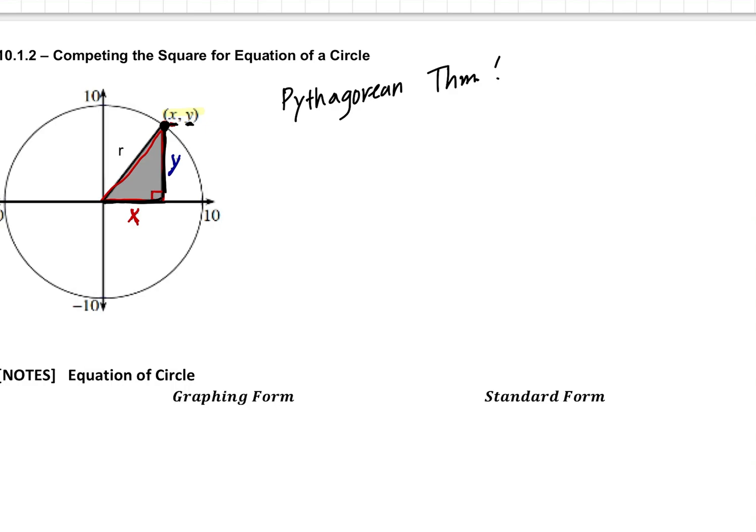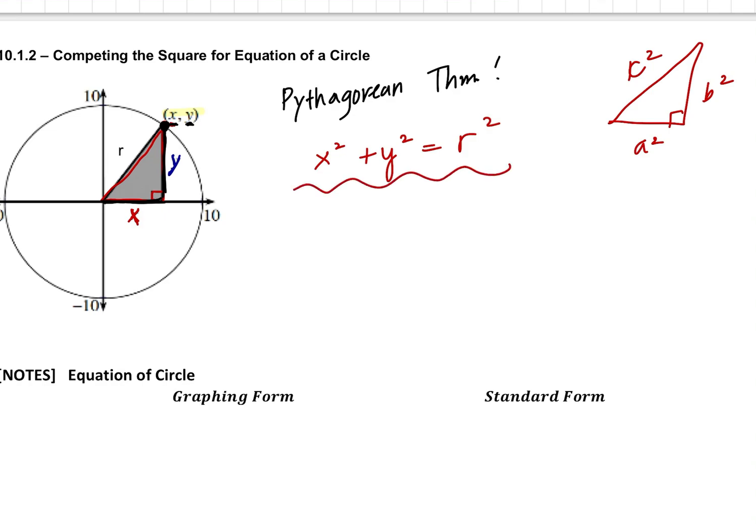So by the Pythagorean theorem, a squared plus b squared equals c squared. Same thing, you have x squared plus y squared equals r squared. That is the equation of a circle with center at 0, 0, which is that one right there.